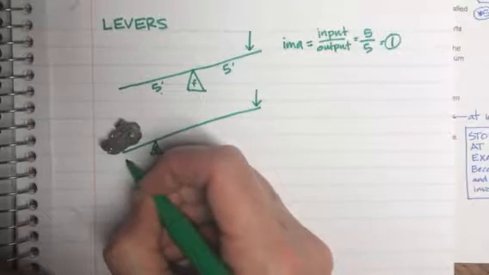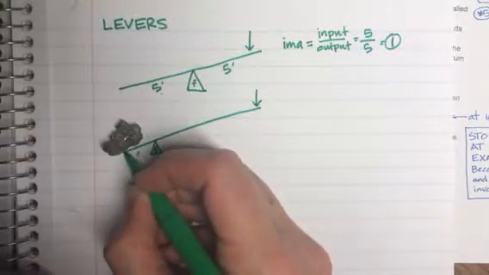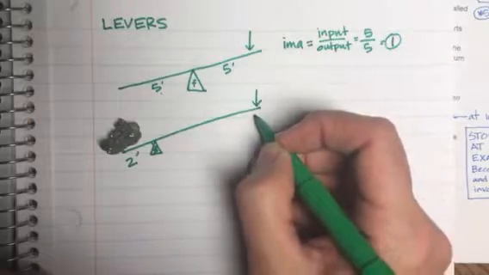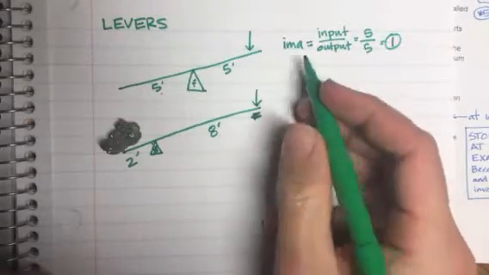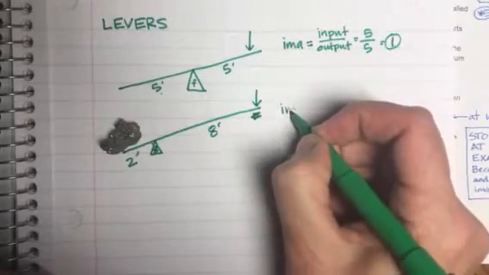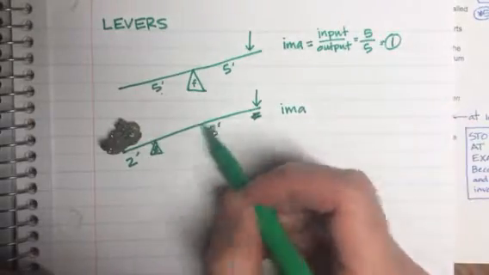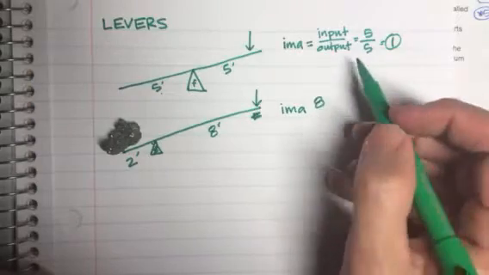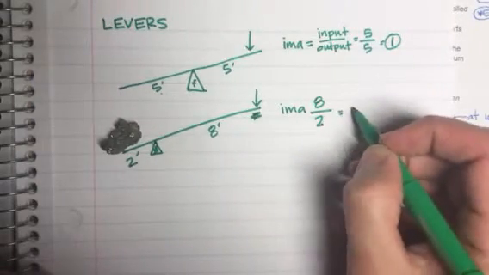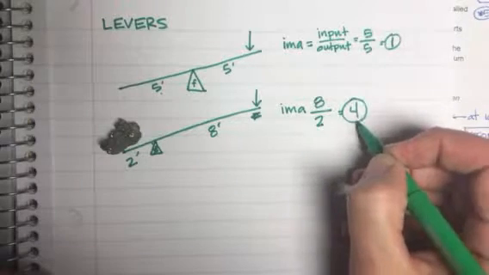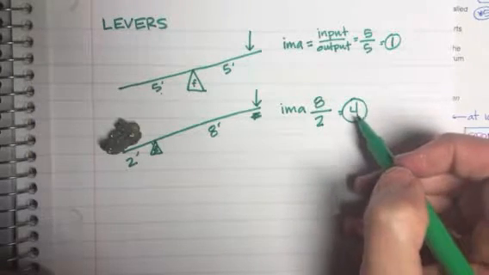But what if this is a 2-foot distance and this is an 8-foot distance? Oops, I could put that right here, 8 feet. We'd figure out the IMA the same way. The input arm here is 8. The output arm here is 2. 8 divided by 2 is 4. So the mechanical advantage here is 4.